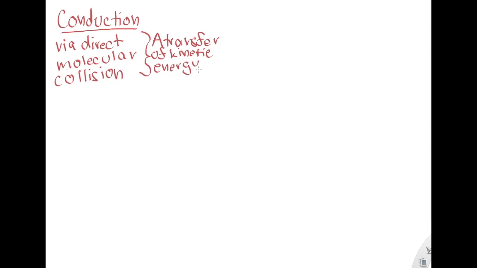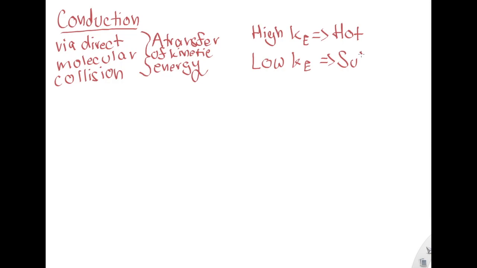And remember from the past video, a high kinetic energy is a hot substance, so it's high in temperature, but a low kinetic energy is a cold substance. So we have a cold substance. And how does this exactly work?